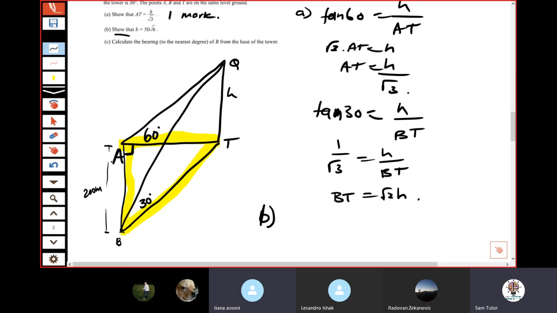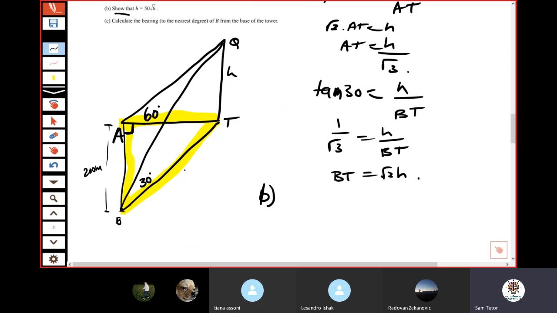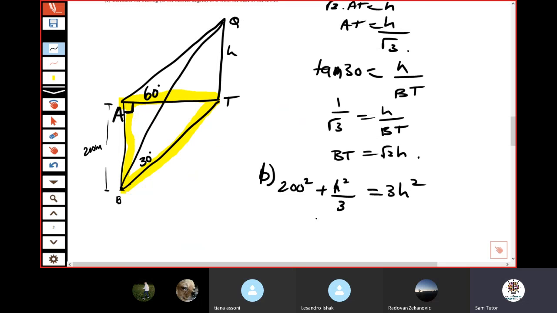Yeah. And then, of course, you're going to use Pythagoras, which would look like this: 200 squared plus AT squared, so this guy squared, H squared on root 3 squared is just 3, equals BT squared, so 3H squared. You guys get that? 200 squared plus this one squared must equal that, and again, we want our H's on one side.